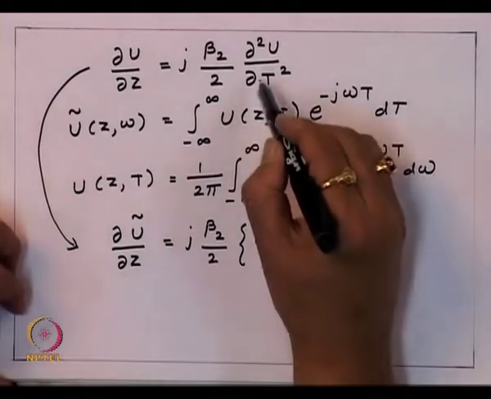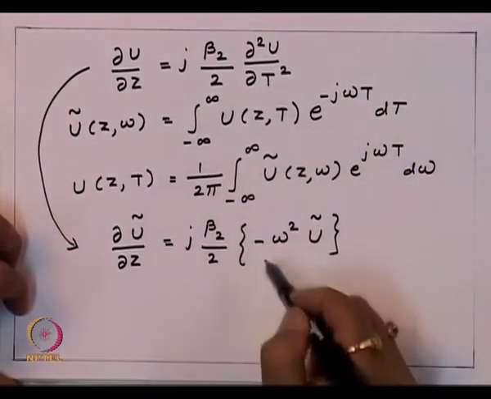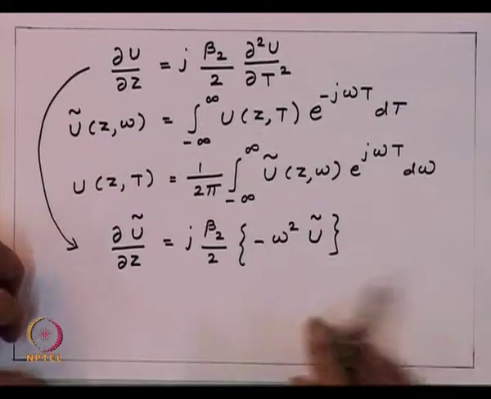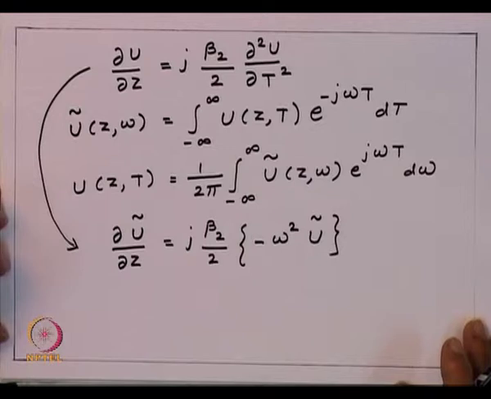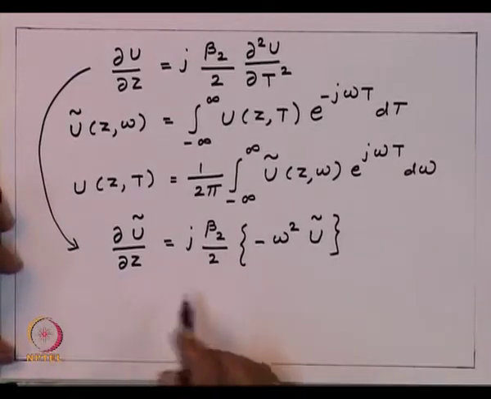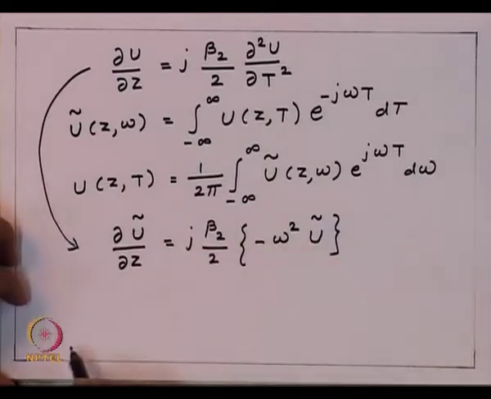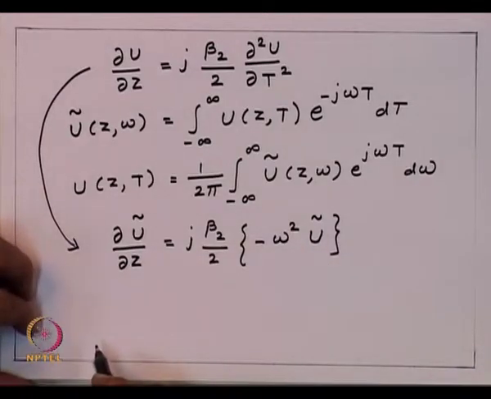So, as I said, the second derivative in time in the frequency domain becomes multiplication by the frequency square. This equation can be solved very easily as a function of z.